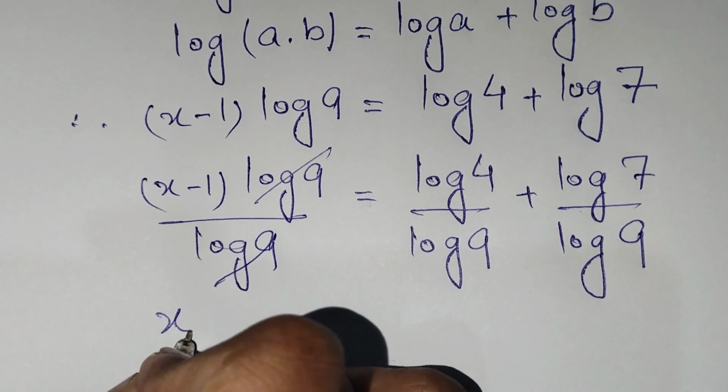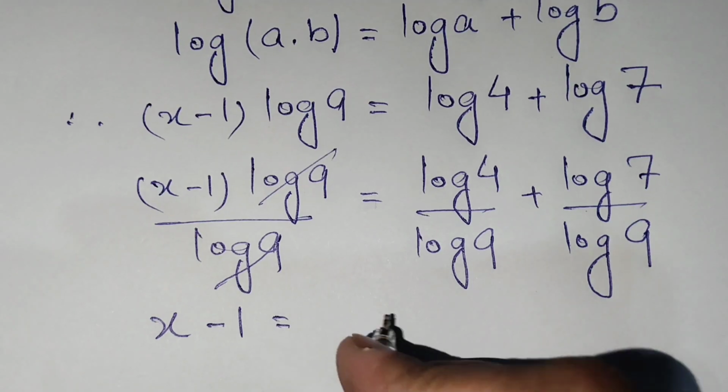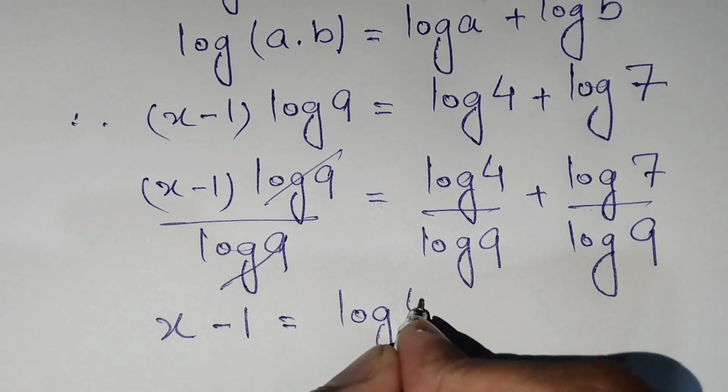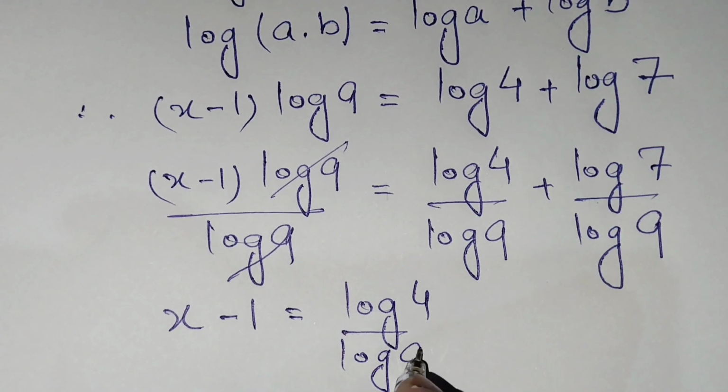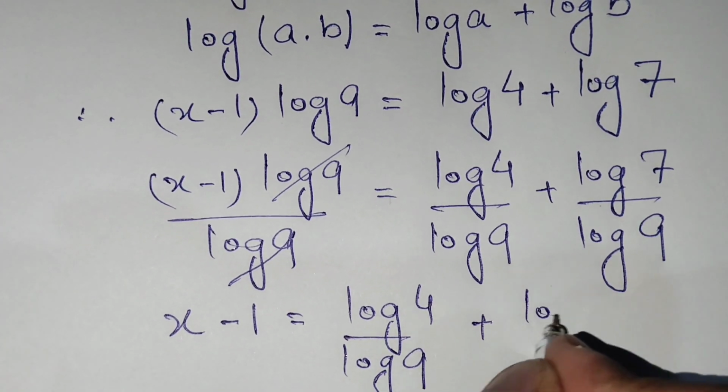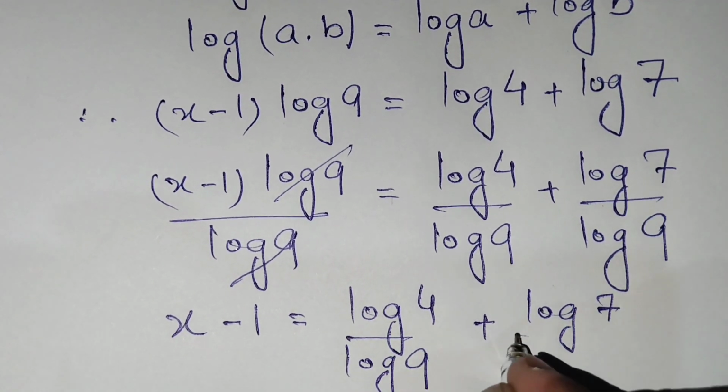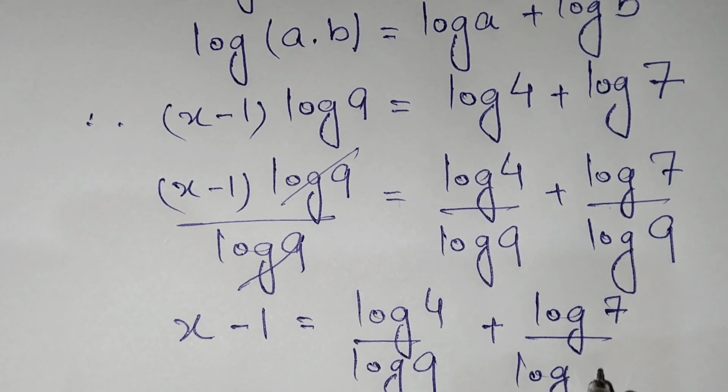The equation is x minus 1 is equal to log of 4 divided by log of 9 plus log of 7 divided by log of 9.